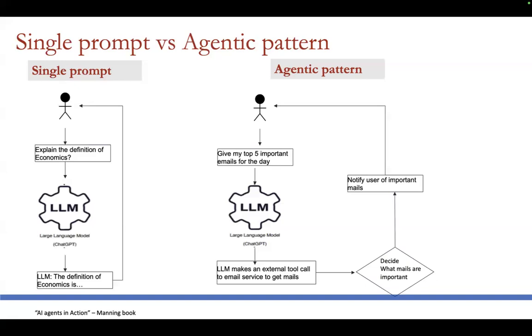But in the case of an agentic pattern, all you have to do is give a very high-level instruction to the LLM, saying make the tool call to get the mails, and then decide what mails are important based on my historical activity and notify me. If you just give an instruction like this, the LLM is going to figure out all of it by itself, and then it is going to notify you.